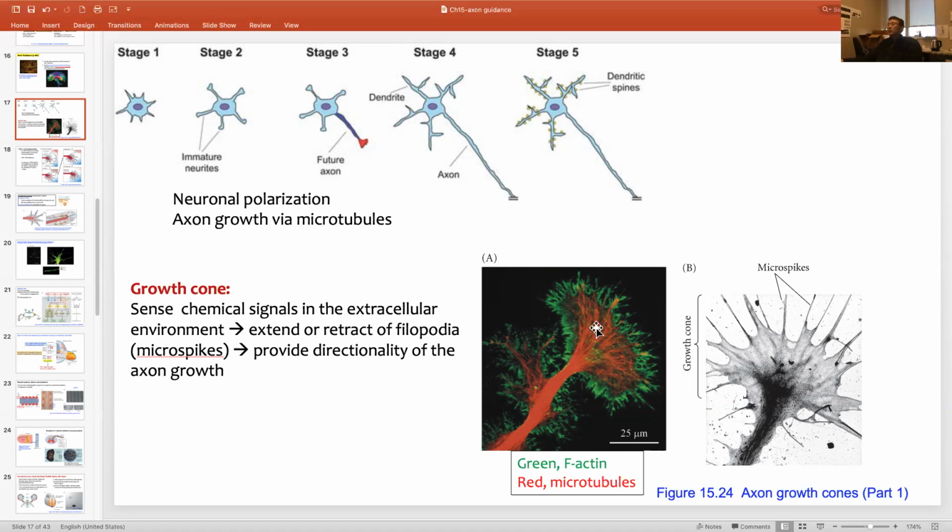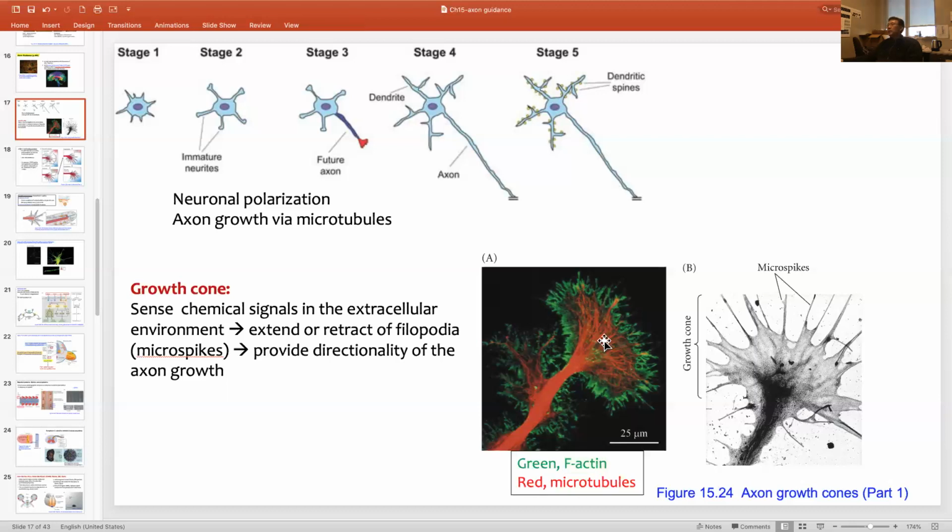If you look at the terminal of the growing axon, the structure is loaded with cytoskeleton. The protein in the shaft of the axon is the microtubule cytoskeleton, shown in red. In the periphery, the green area is loaded with actin filament, fibrous actin, shown in green.